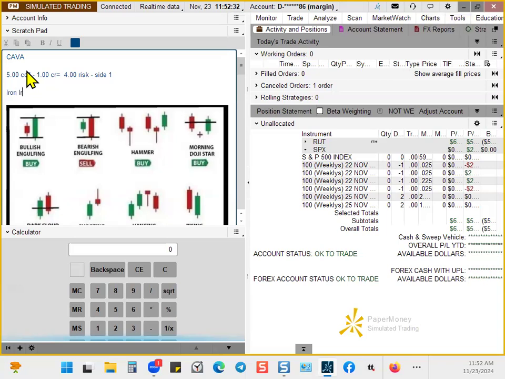So let's say it's an iron condor and you get 50 cents on that iron condor. We're going to try to keep these close together, so we're still using the same $500. Now we're receiving another $50 because it's an iron condor. So our risk now is $350. Okay?